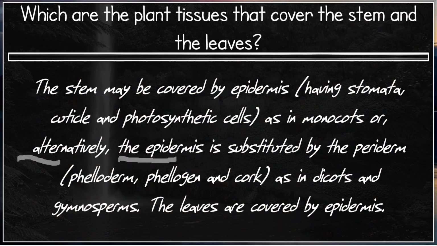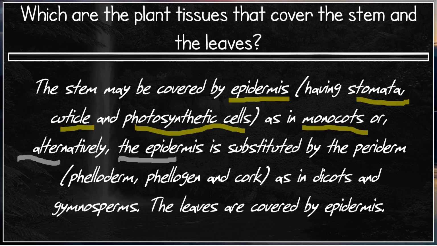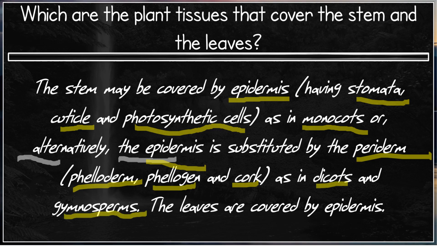The stems are covered by the epidermis, having stomata, cuticle, and photosynthetic cells, as in monocots, or alternatively, the epidermis is substituted by periderm, which is made up of phellem, phelloderm, and cork, as in dicots and gymnosperms. The leaves are covered by epidermis.